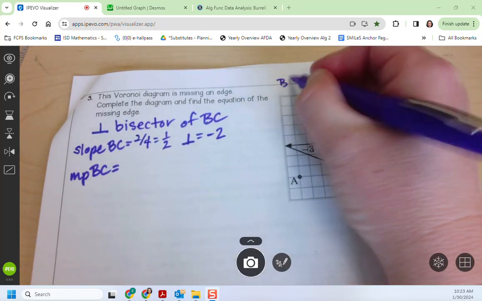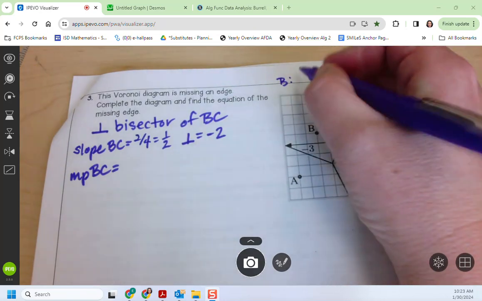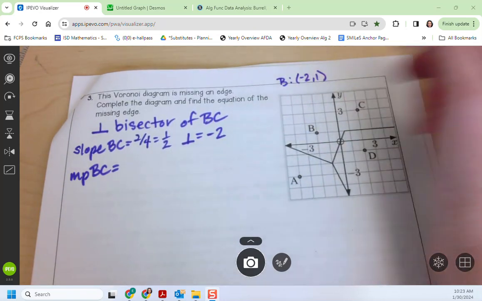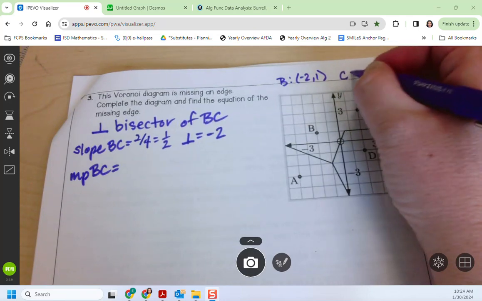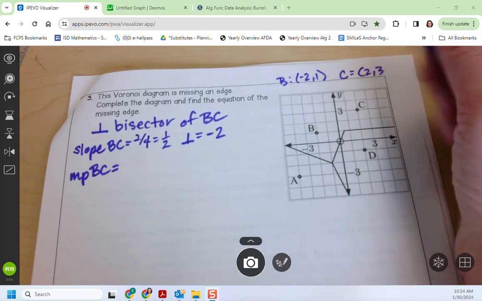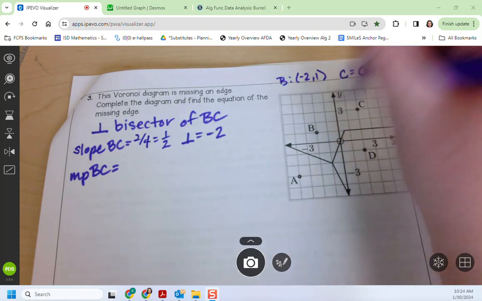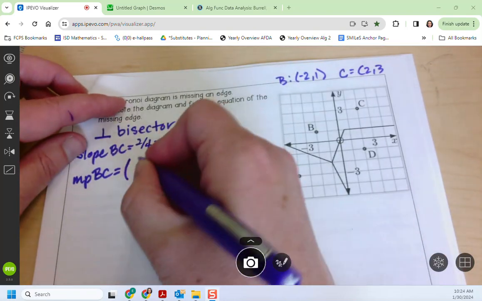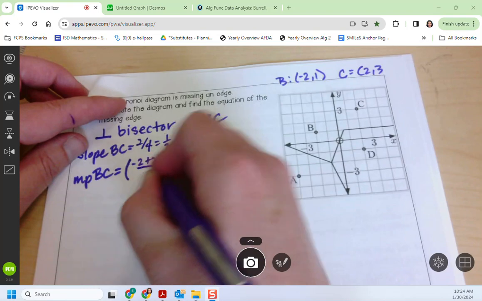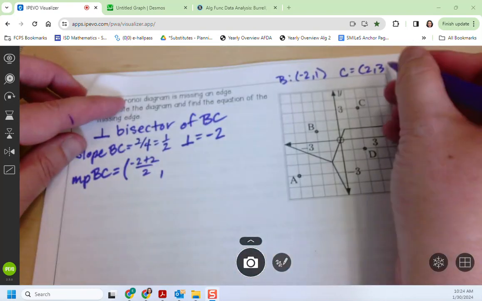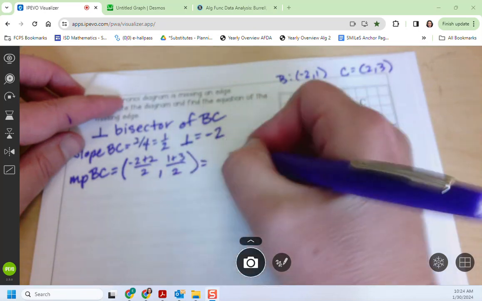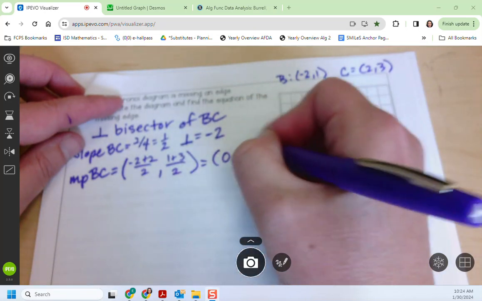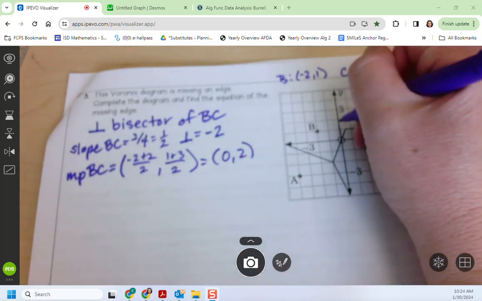So B is -2, 1, and C is 2, 3. Okay, so then I'm going to average these, -2 + 2 over 2, and 1 + 3 over 2, and I get 0, 2, right here.